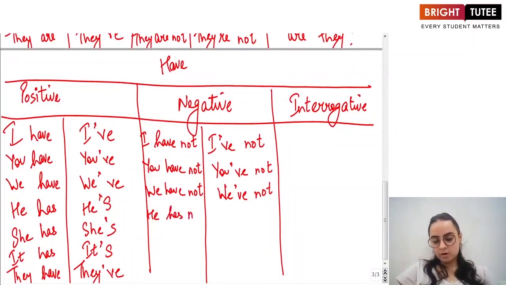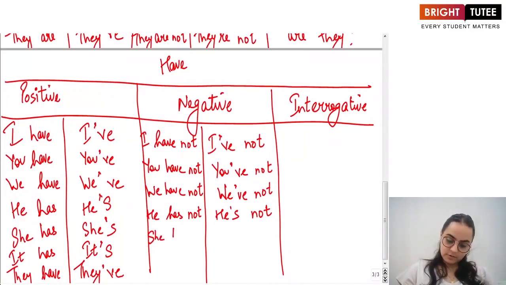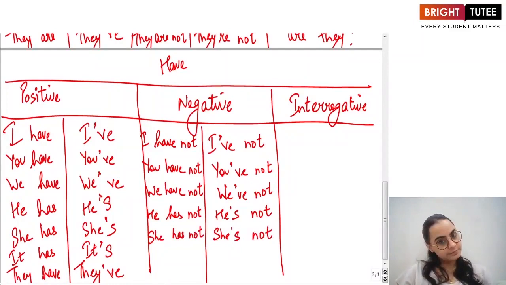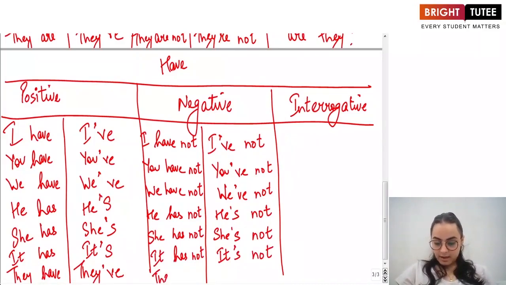He has not, the short form is he's not. She has not, and the short form becomes she's not. It has not, and the short form becomes it's not. And they have not changes to they've not.